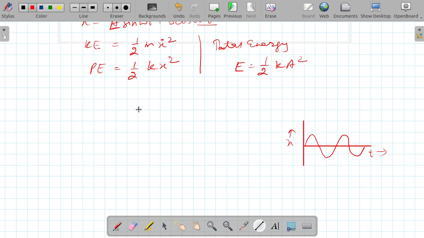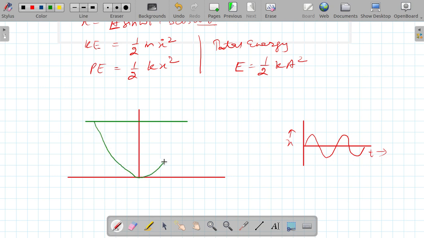So what happens to energy? Say it is the x, and say it is the total energy of the system. Say half kx square is the potential energy of the system. Similarly we can have a look at kinetic energy, and the plot of the kinetic energy looks like this. It's an inverse parabola, right?